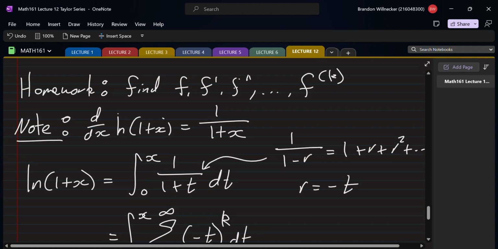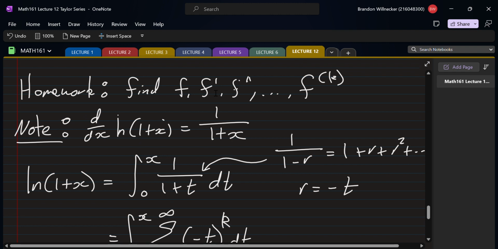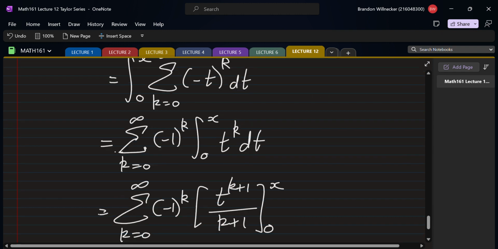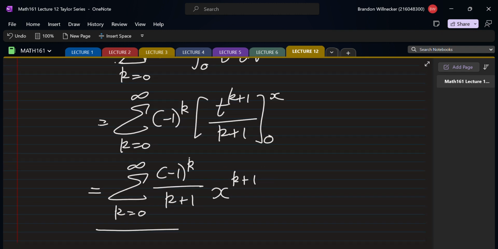But you can use the previous method that we looked at last time. You should get the same result. So just for homework, calculate the Taylor series using the definition we looked at before, and see if you get the same answer as this.